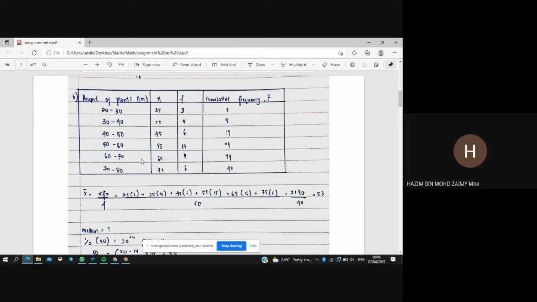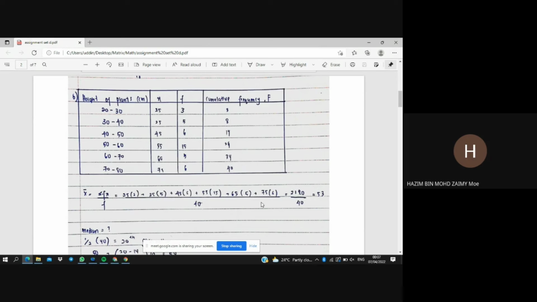Question B1. Find the mean and median height. The mean formula is sigma fx over sigma f, equal to 25 times 3 plus 35 times 5 plus 45 times 8 plus 55 times 15 plus 65 times 5 plus 75 times 8, over 40.